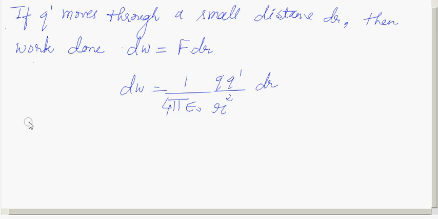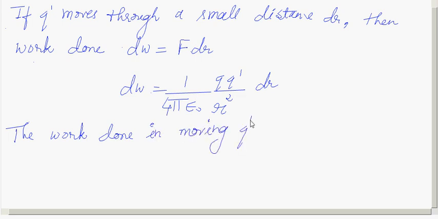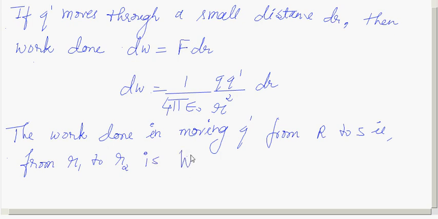The work done in moving the test charge Q dash from R to S, that is from R1 to R2, is W equal to integration of dW from R1 to R2. Let us do the integration.